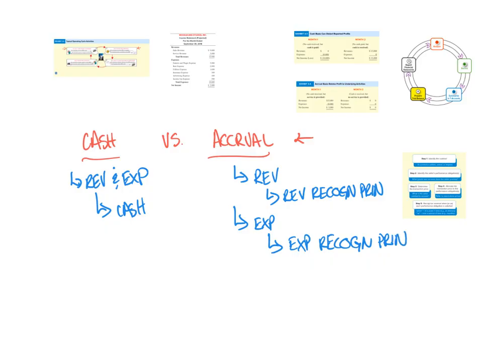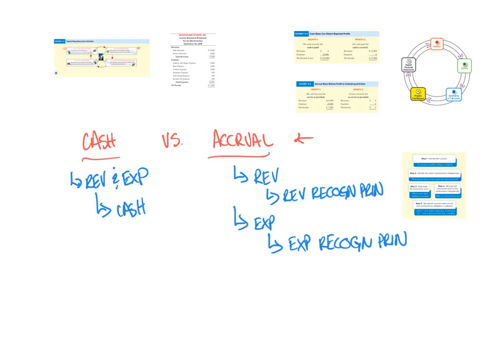It's important to note that revenue under accrual basis accounting is not necessarily cash. It could be related to the timing of cash, but it doesn't have to be. The timing of when cash goes in or cash goes out is separated from revenues and expenses being recorded on the income statement under accrual basis accounting, as cash basis accounting is completely driven by the timing of cash receipts or cash payments as it relates to revenues and expenses.